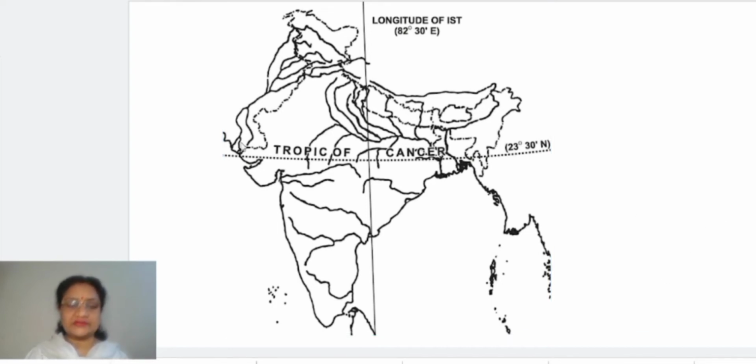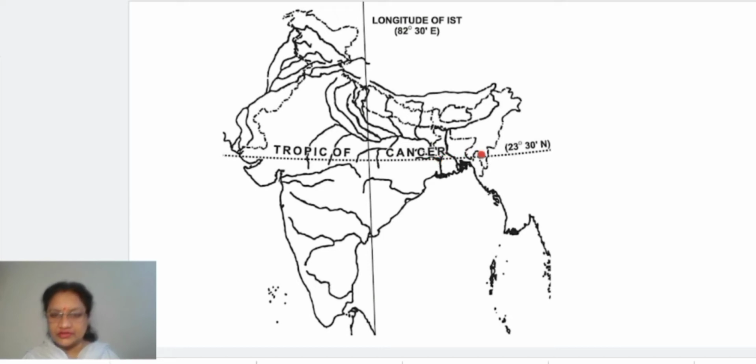The Tropic of Cancer from the extreme left, if you see towards the western side, right? You can see here it is starting at this point, almost the half of this peninsula, and you will move towards the east, by free hand. Don't draw a straight line, don't use a scale for this.